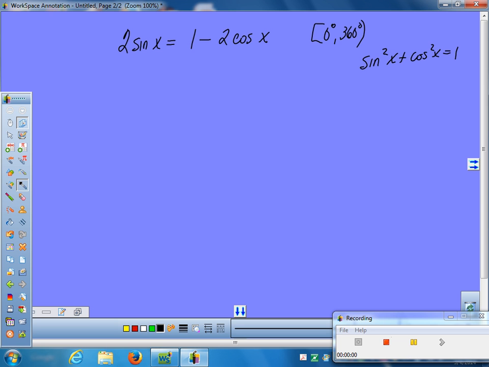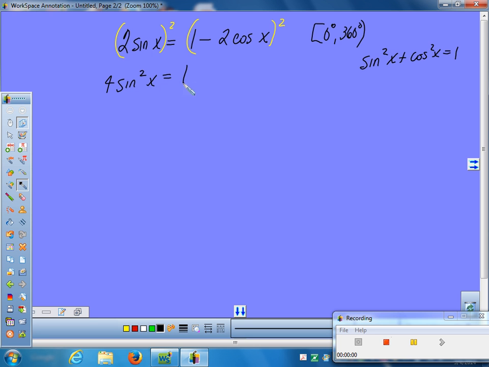So then 2 sine x. I'm going to square this whole thing, but the trick is I'm going to square the whole right-hand side. So 4 sine x squared. And then I'm going to have to FOIL that one. First is going to be 1.